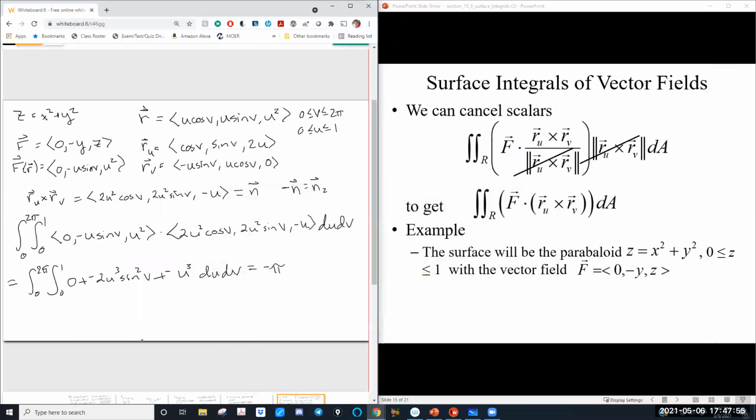So, one of the things you'll see in the homework is that on a surface, the positive orientation will be given. Now we'll see later when we have a closed surface, by definition, outward is the positive and inward is the negative.